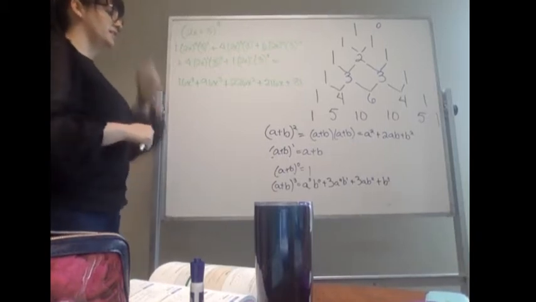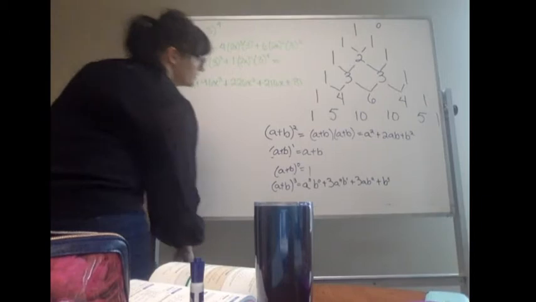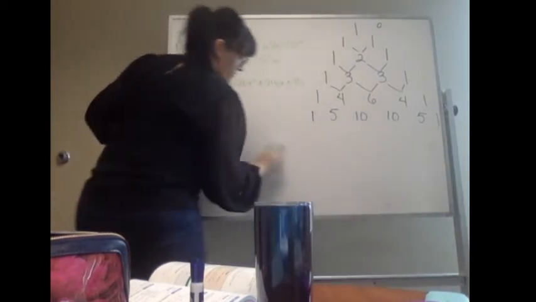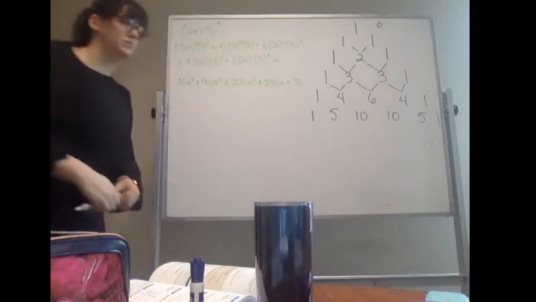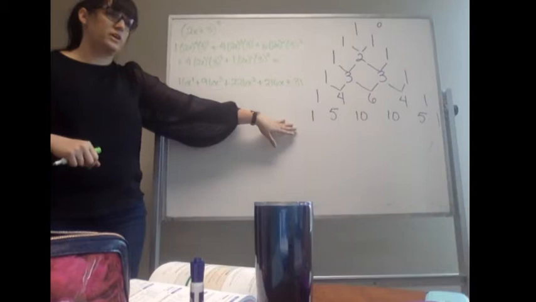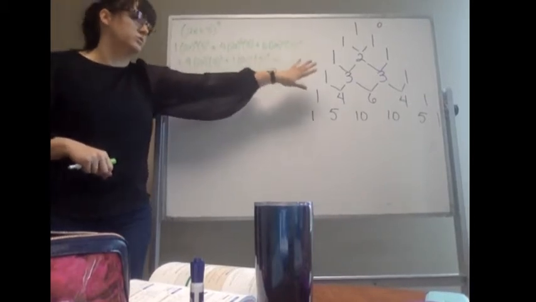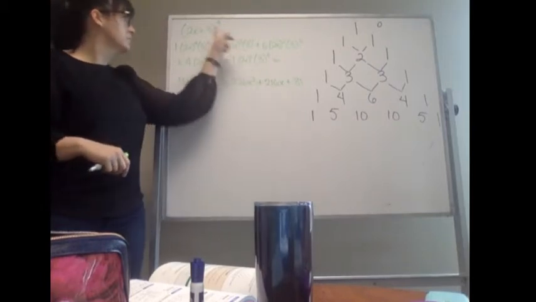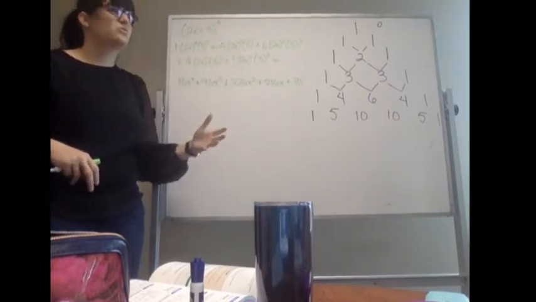So there's something cool that's also true about this. If you want to find those coefficients, you could write out Pascal's triangle, adding one row at a time, until whatever power you get to. What if you get a really high power?